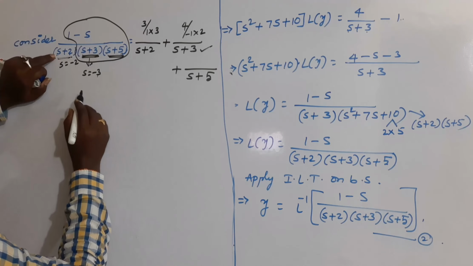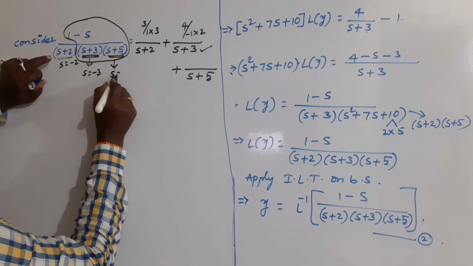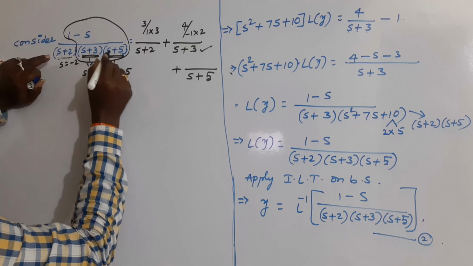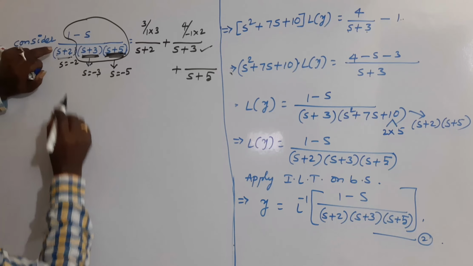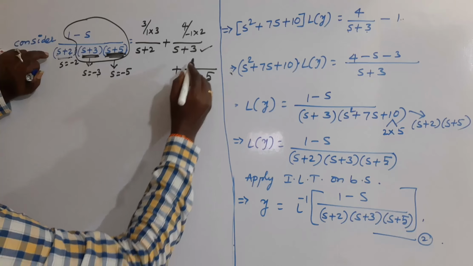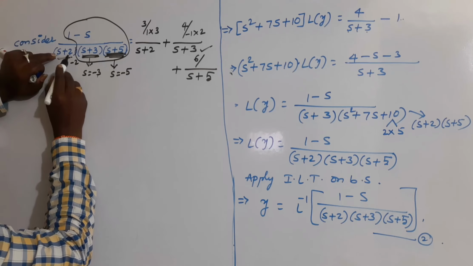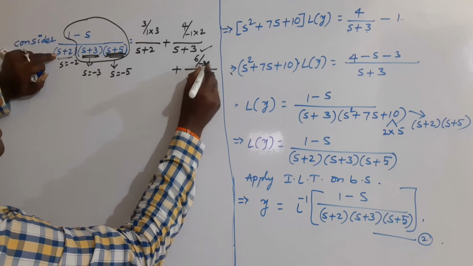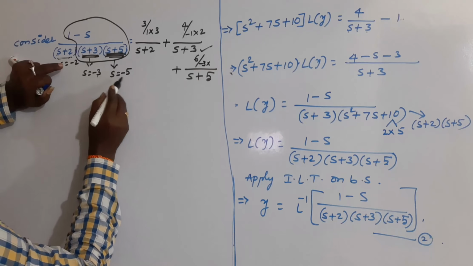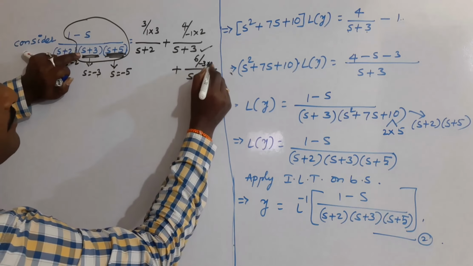Now the last part. Replace S is equal to minus 5 in the remaining all terms except this one. Okay. So 1 minus of minus plus 5, it would be 6 by minus 5 plus 2, it is minus 3, into minus 5 plus 3, it would be minus 2.